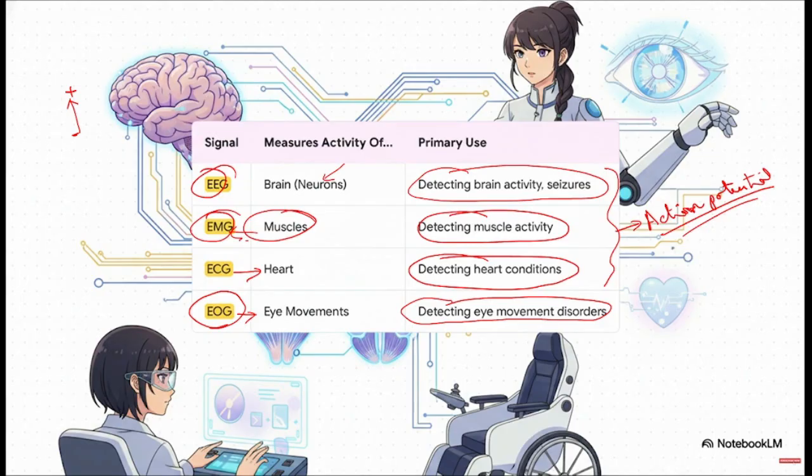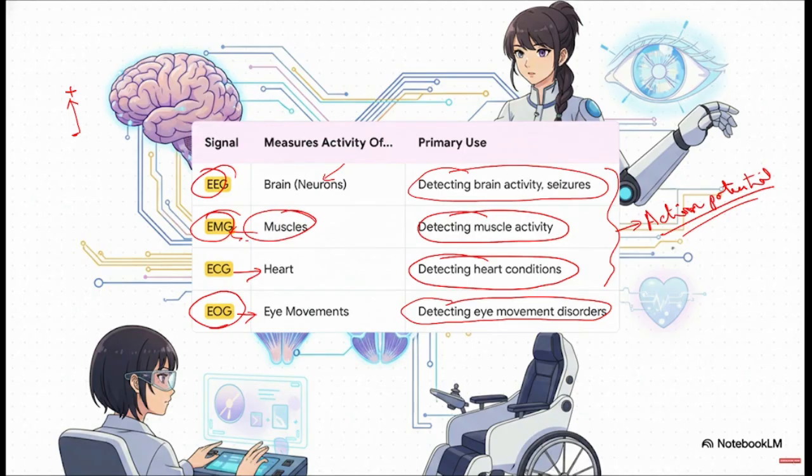So comparatively, our cornea is positively charged, whereas our retina, where we have the rod and the cone cells, which are very highly metabolically active cells, is extending a negative potential.